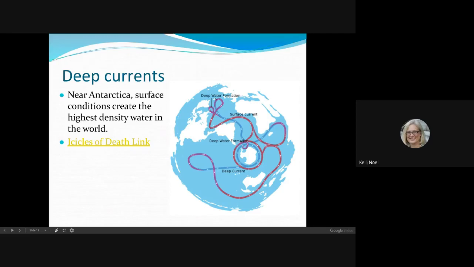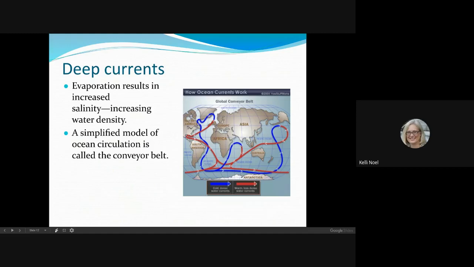Okay. So, deep currents. Near Antarctica, surface conditions create the highest density in the world. So, evaporation results in increased salinity.